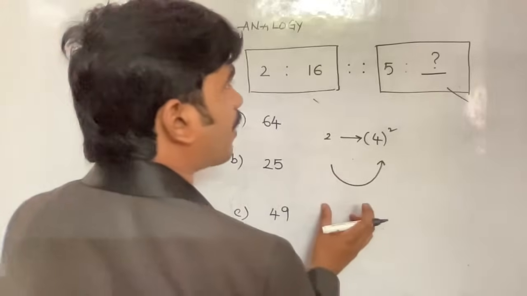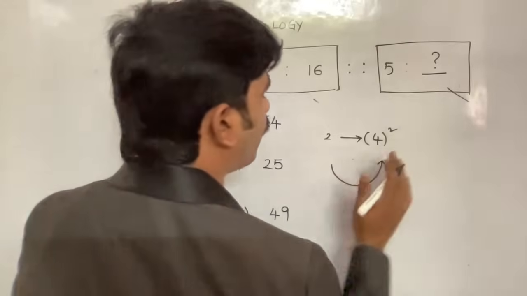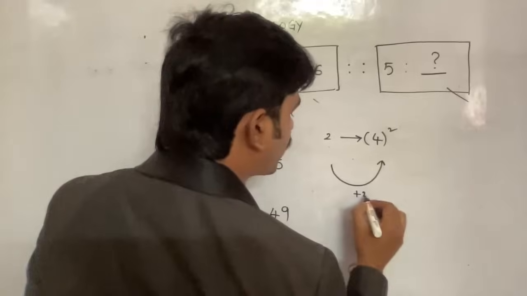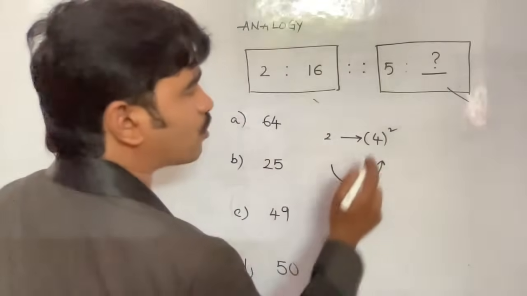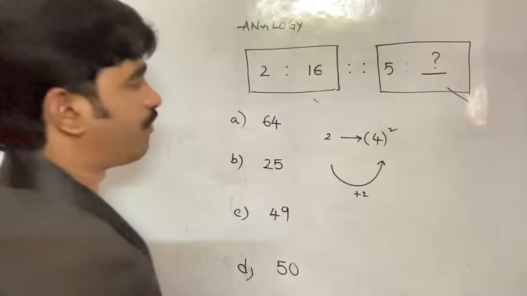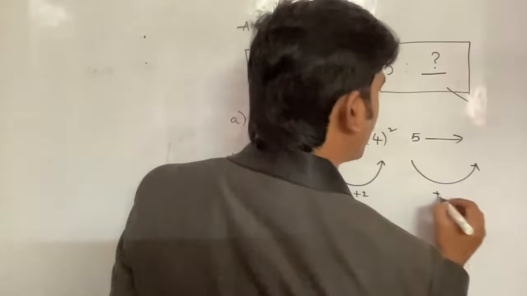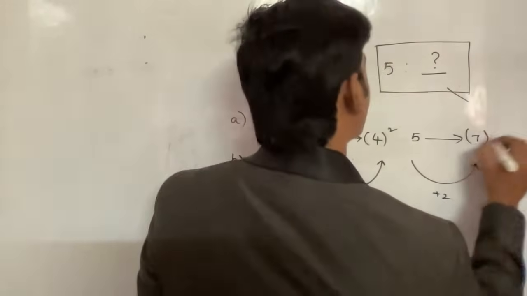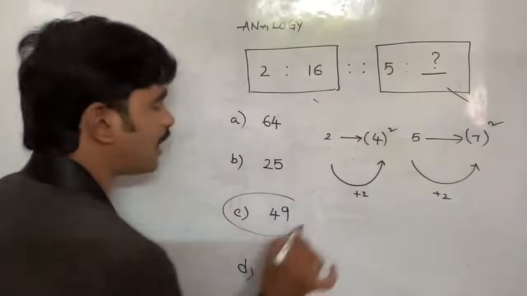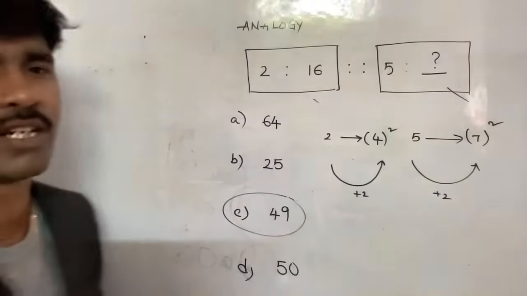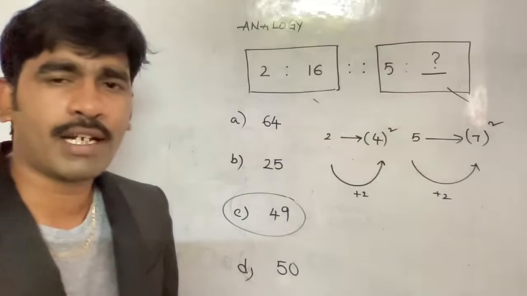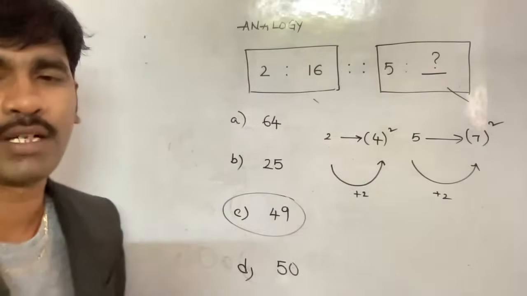The point I am trying to understand here is 2 becomes 4 square means 2 plus 2, 2 plus 2 is 4, and they have taken the square of it. Then 5 will become what? 5 plus 2. What is 5 plus 2? 7. 7 square should be the answer. That is 49, which is available as option C for us.